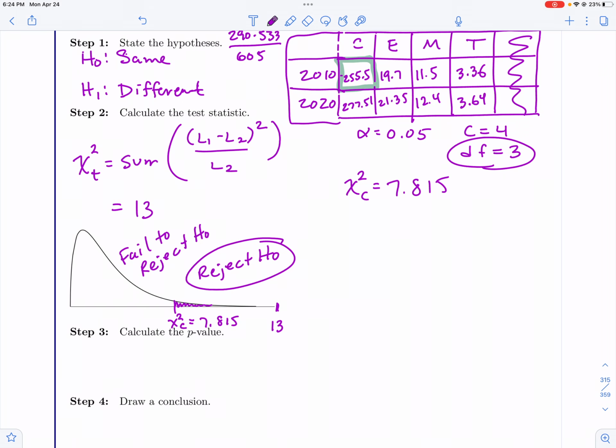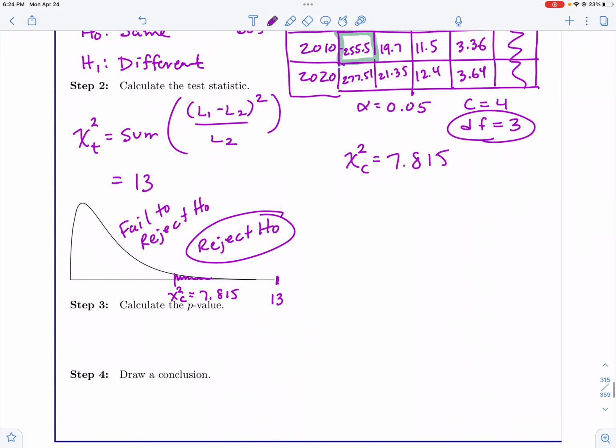So now let's throw this into the p-value just to verify. So p equals chi-squared CDF 13, comma, some ridiculously big number, comma, our degrees of freedom.